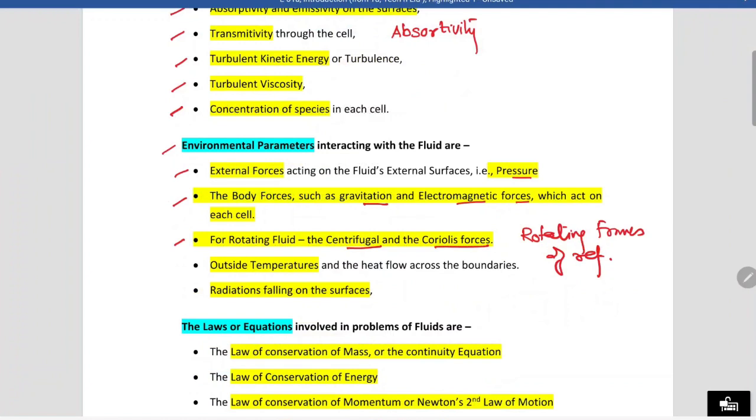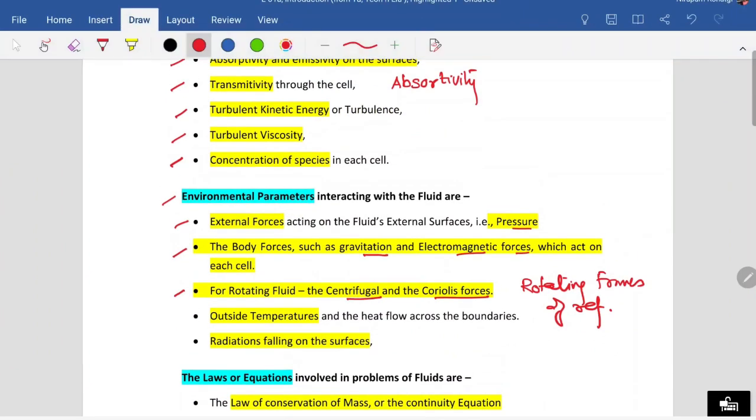So what I was telling you is that we have to take these forces into account. Then there is the outside temperature, we should know that, and radiation falling on the surfaces, that also we should know.